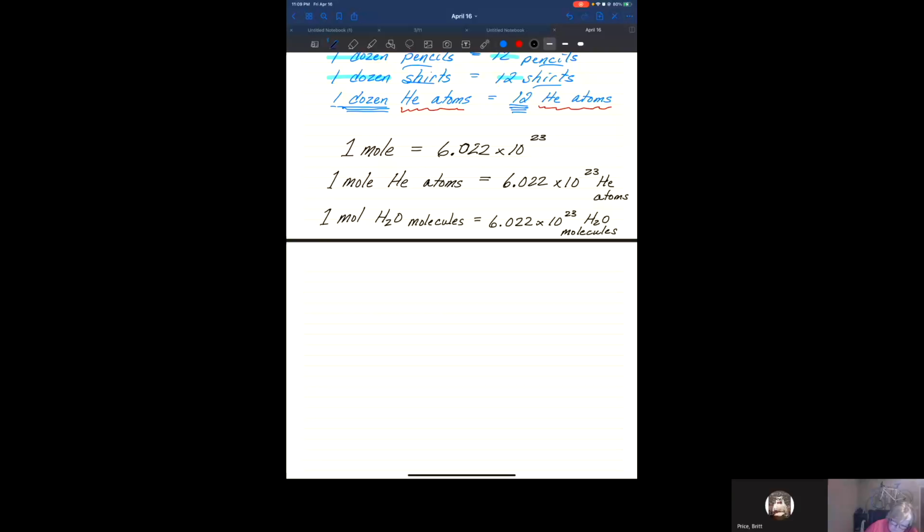I suppose I could. 1 mole of eggs. Yeah, there'd be 6.022 times 10 to the 23rd power eggs. It's a lot of eggs.